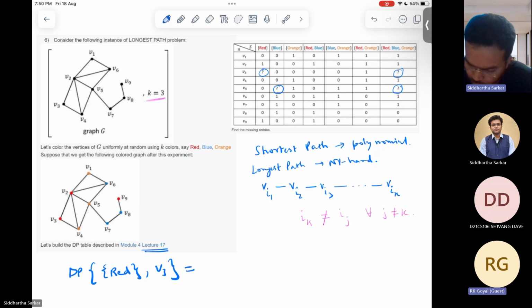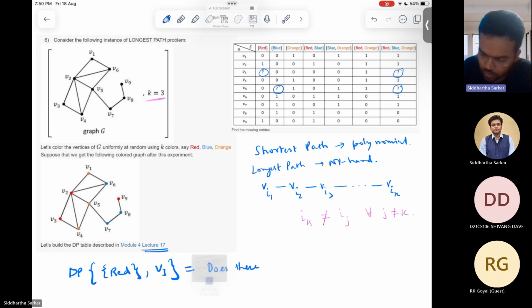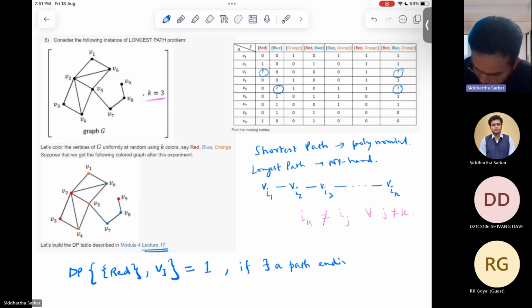This entry, P3 and red, is asking: does there exist, I mean, this is equal to 1 if there exists a path ending at P3, and P3 is colored red. So this is the meaning of this entry. So is this true or false?